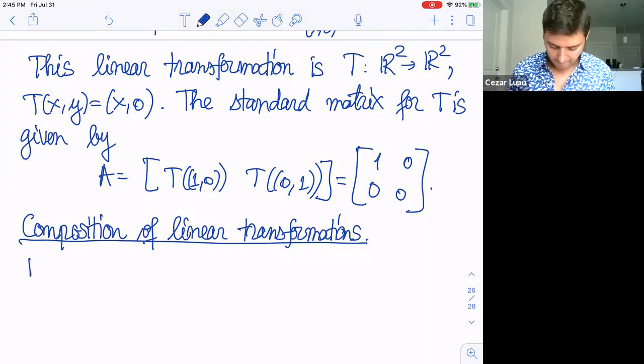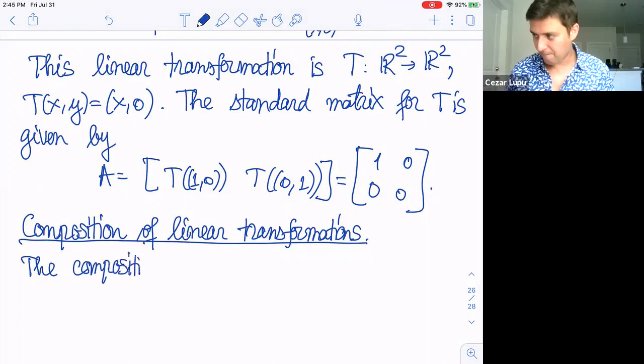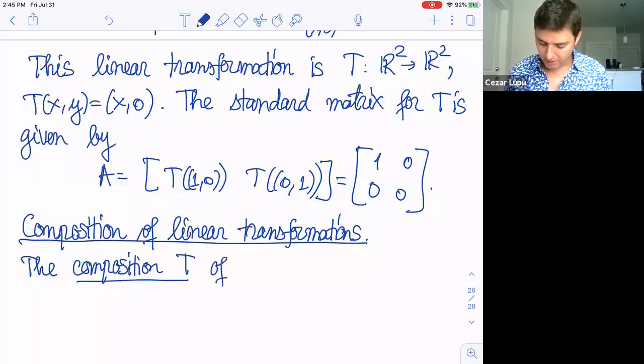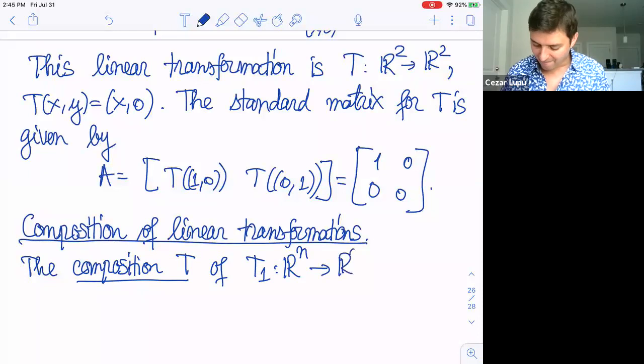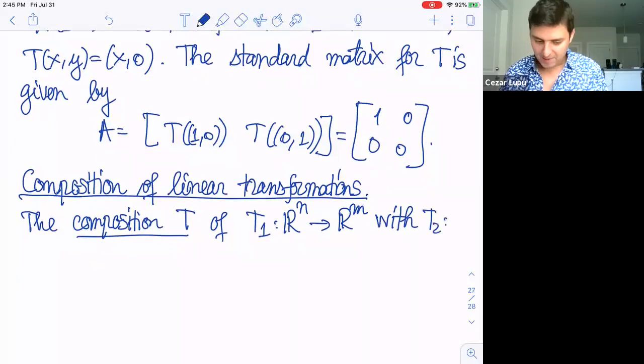The composition T of T1, and this T1 will go from Rn to Rm, with T2 going from Rm to Rp.